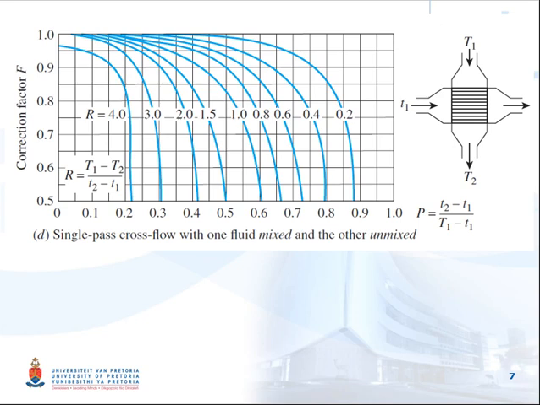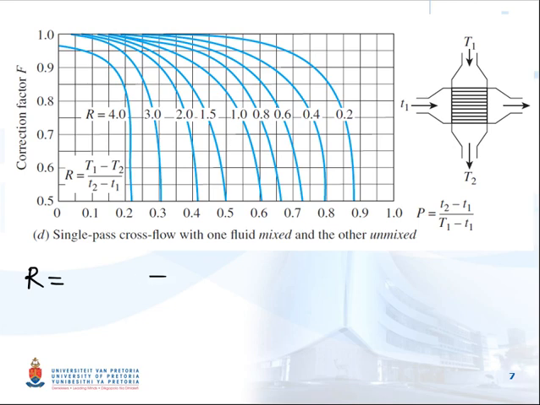So in order to use this figure, first we need to calculate R and P. As you can see here, R is defined with capital T as the temperature of the hot fluid, where 1 means inlet and 2 means outlet. So the inlet temperature of the hot fluid minus the outlet temperature of the hot fluid, divided by the outlet temperature of the cold fluid minus the inlet temperature of the cold fluid.